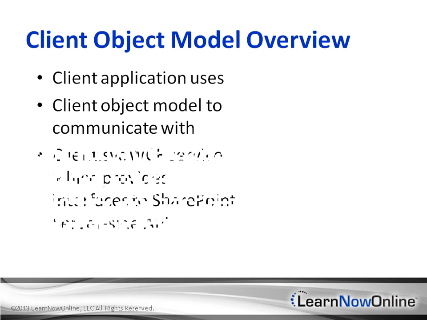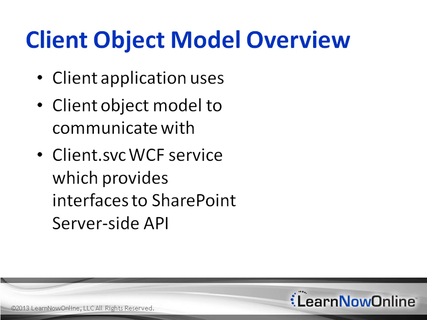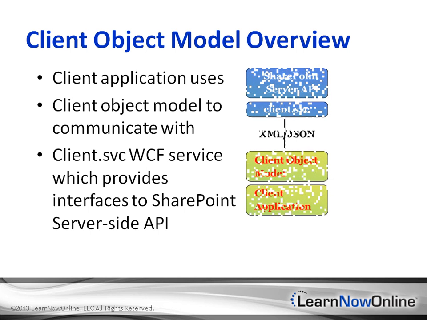So the client object model communicates with the client.svc, the client service. It's a WCF service endpoint, and what that does is provide nice interfaces to the SharePoint server-side API.